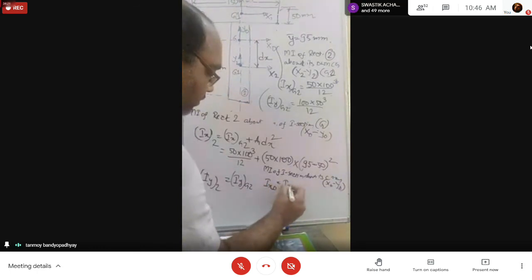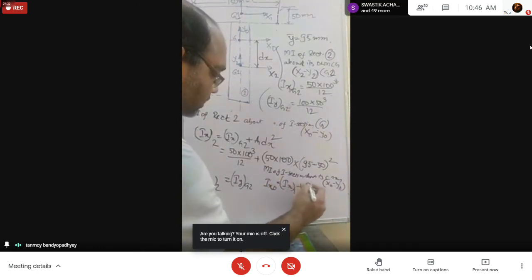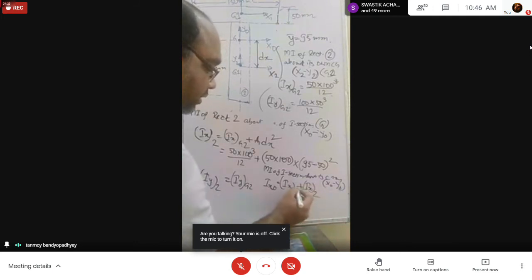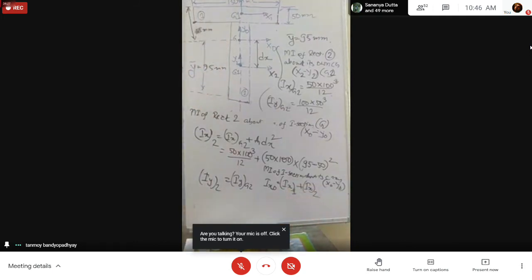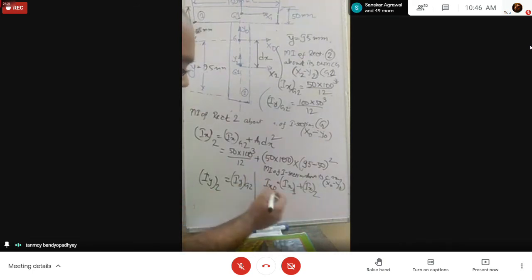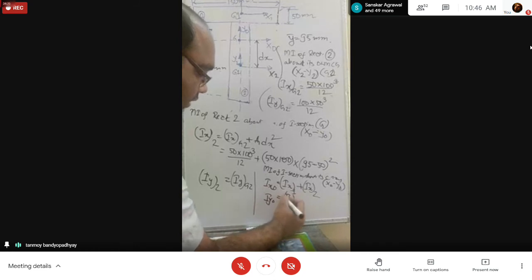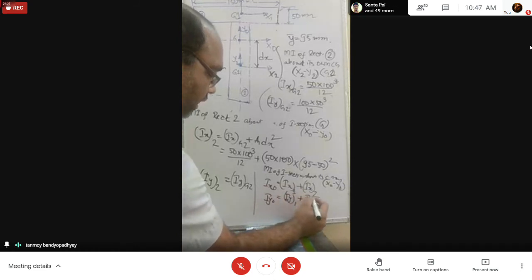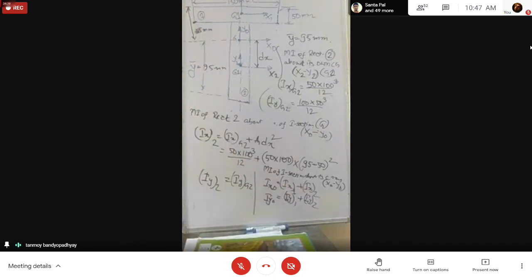That will be equal to Ix1 plus Ix2. You can directly add them because we have already applied the parallel axis theorem and taken the contribution about the x0 axis. And Iy0 will be equal to Iy1 plus Iy2. So just calculate and see what results you are getting. You have to calculate this because this is from a different book. So calculate quickly and let me know.